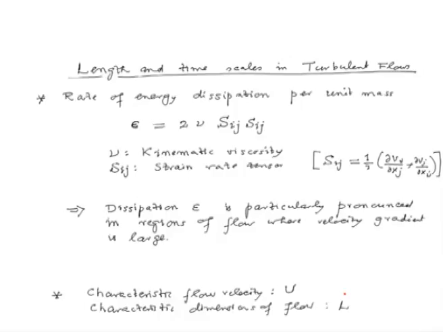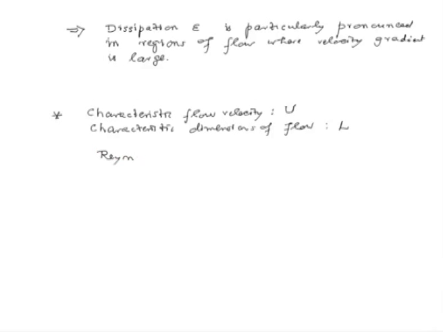Now, both of these you can easily correlate with what happens in the case of, let us say, pipe flow. In the case of flow through a pipe, U could be the average velocity and L could be identified as the diameter of the tube. Now, based on these two characteristic scales, that velocity and length scale, we can define a Reynolds number Re, with a subscript L to indicate that this is based on our characteristic length scale, which characterizes our flow domain.